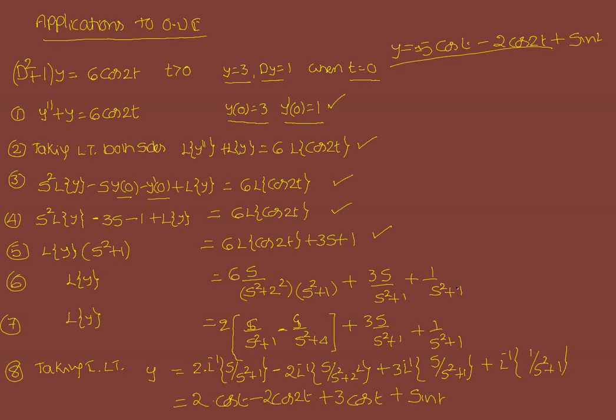Next, L of y is equal to something. Next, 6s by (s² + 2²)(s² + 1), and I have split it into partial fractions. Next, taking inverse Laplace transforms on both sides, you get the final answer. Okay, next we will go for one more problem.